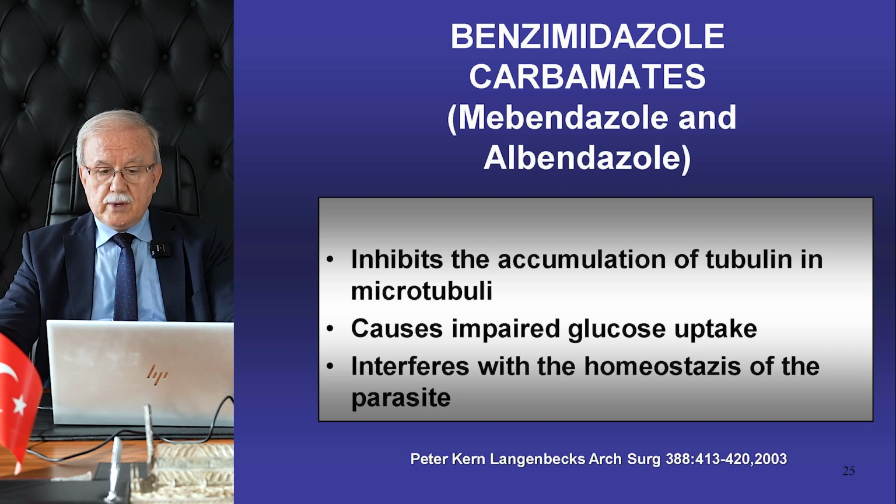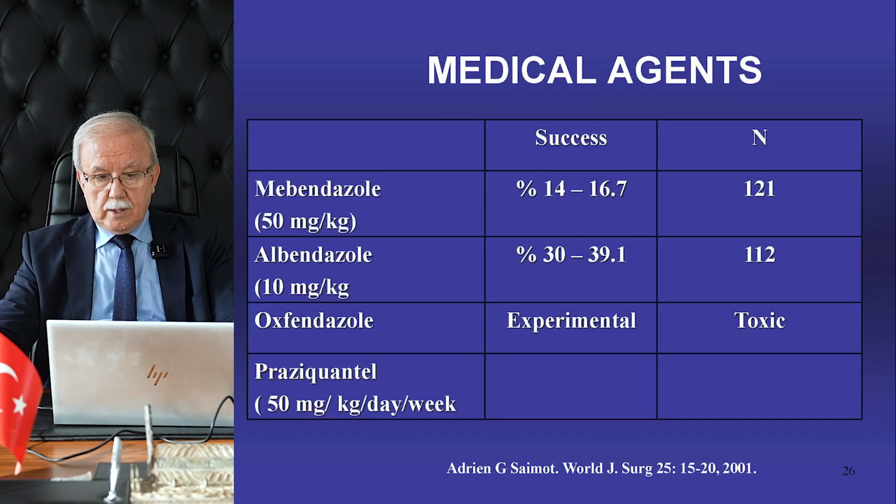Mebendazole inhibits accumulation of tubulin in the microtubule, causes impaired glucose uptake, and interferes with the homeostasis of the parasite. Their success rates: mebendazole between 14 to 16%, albendazole 30 to 39%.